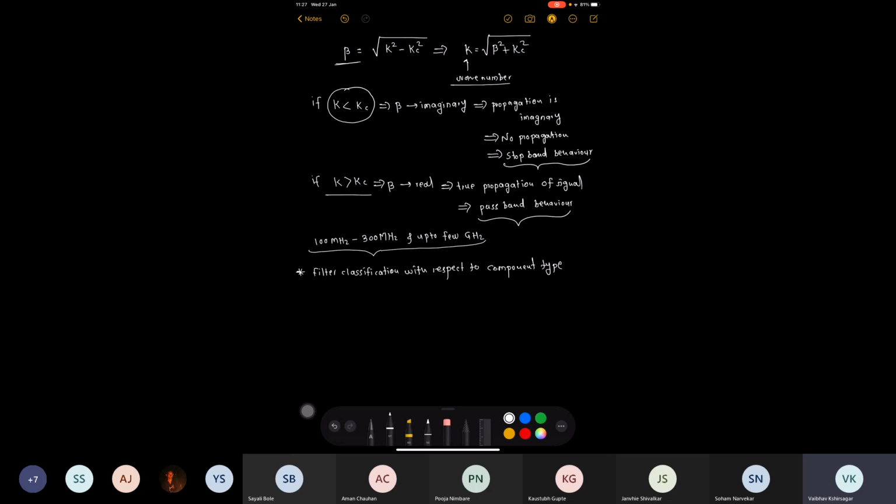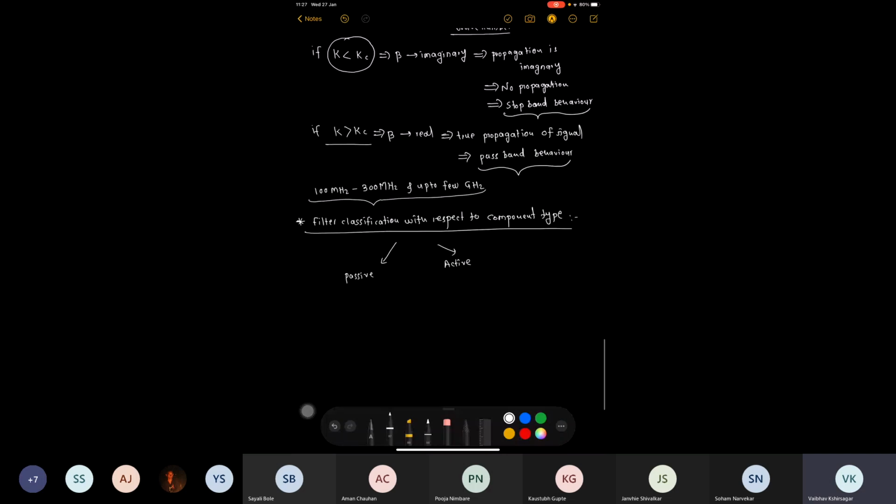So how we classify the filter based on the type of component it makes use of. This can be classified into two types: passive filters and active filters.